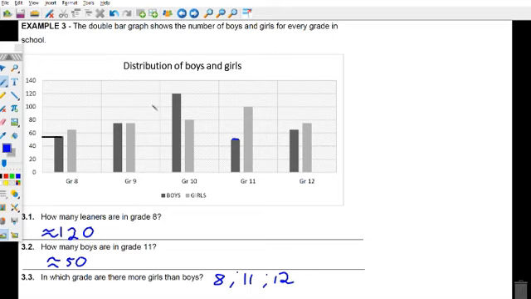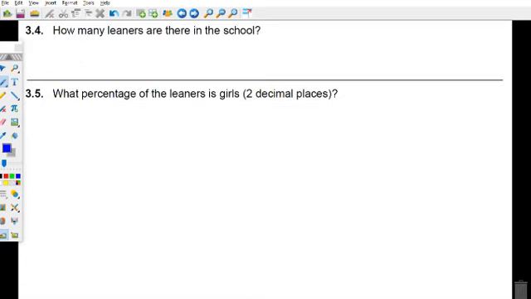So there's 395. That's the number of girls.